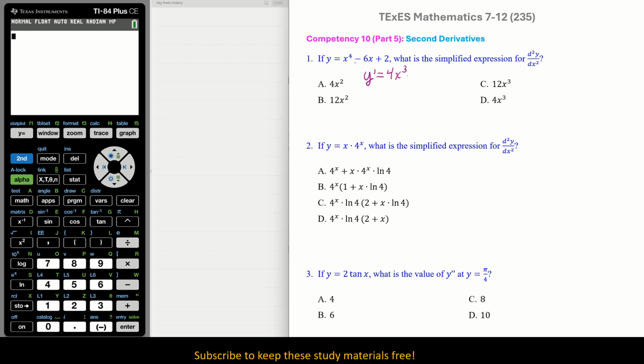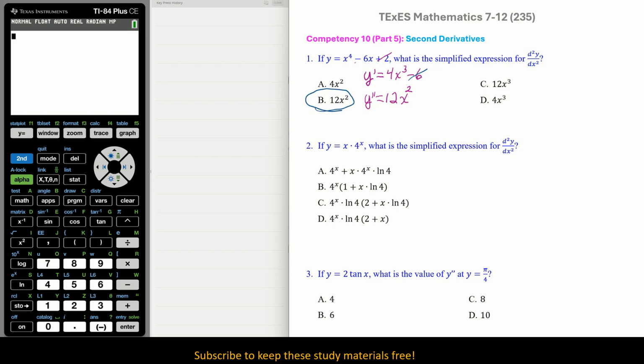Then the second term becomes 6, and the third term is 0. Then y double prime becomes 12x squared, and the minus 6 becomes 0. The first derivative of a constant is 0. So that gives us option B.